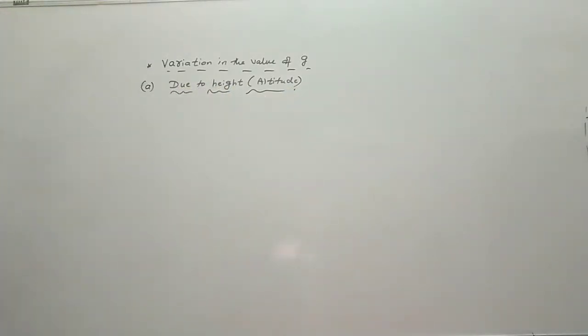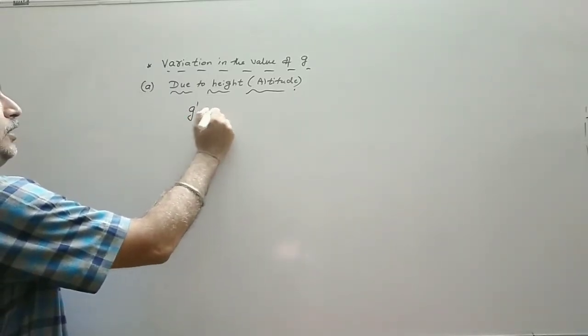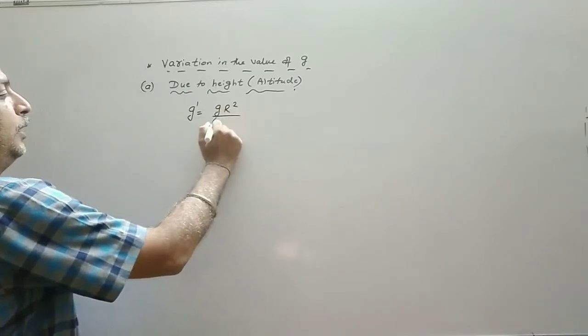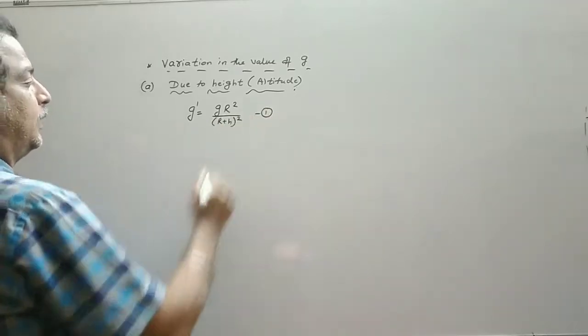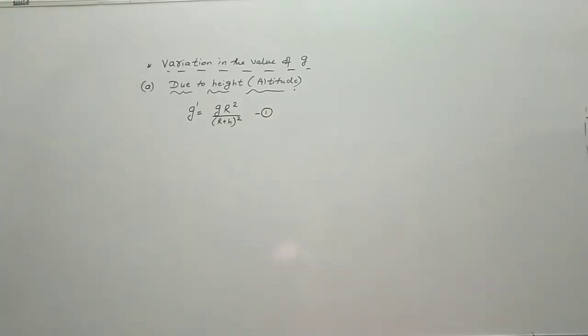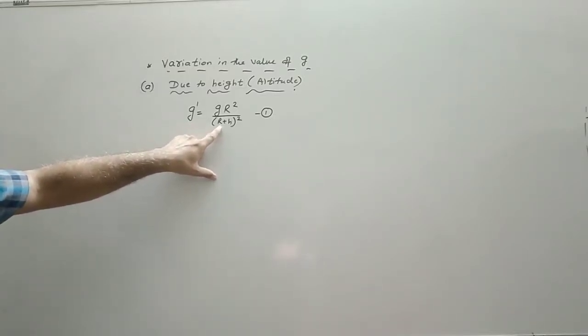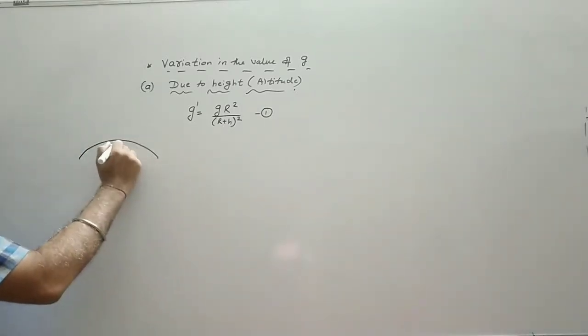The first formula is g dash is equal to g into R square upon (R plus h) whole square. This is how the value of g decreases due to height, because in the denominator we have R plus h, where h is the height taken from the surface of the earth.